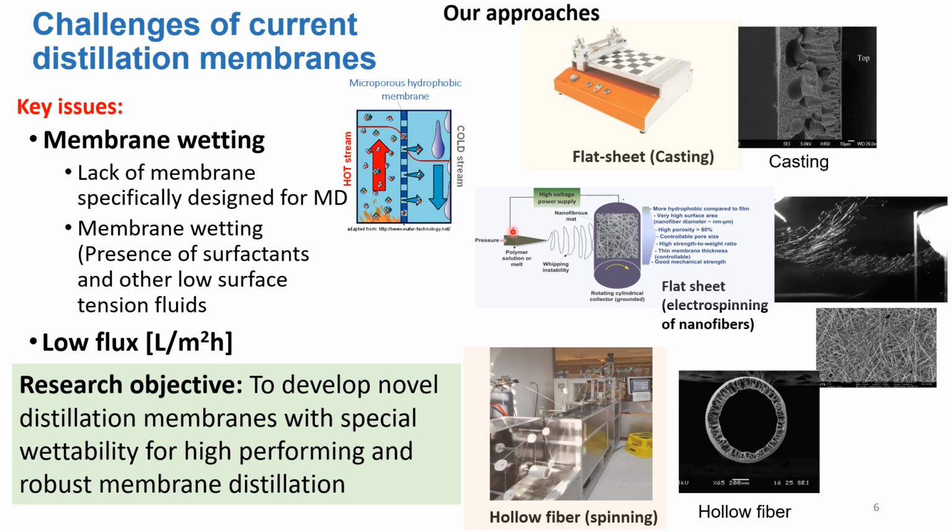We are talking about 30 kilovolts, 40 kilovolts of power, and of course this is grounded on the collector here. Once the polymer solution, because of the high voltage power supply, overcomes the surface tension of the polymer solution, it will emit a jet, which expands towards the collector here.